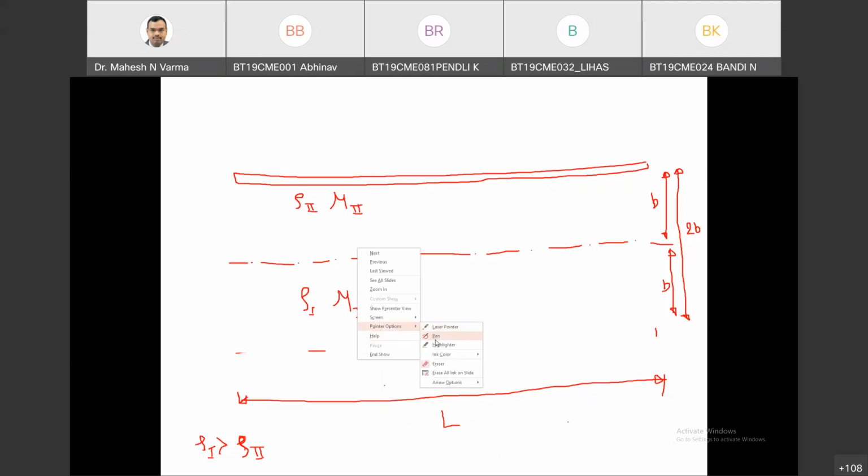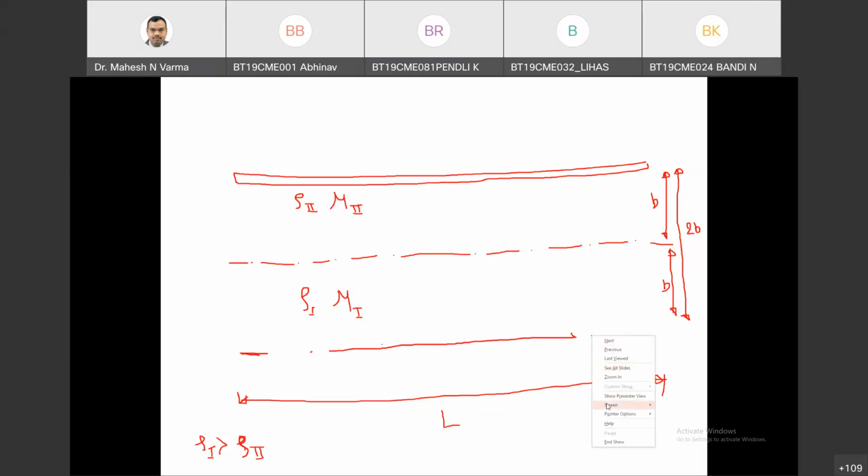So it's a property of a material. So just based on density, we cannot tell anything about viscosity.